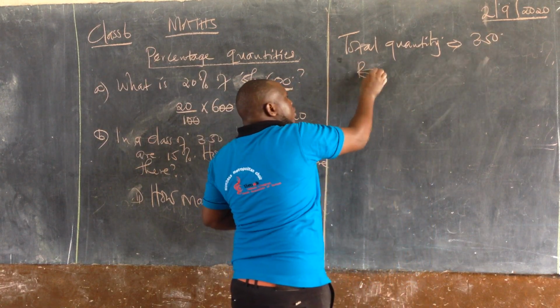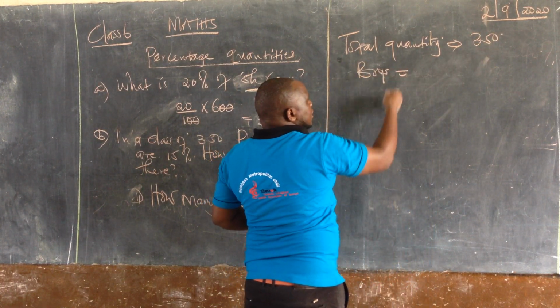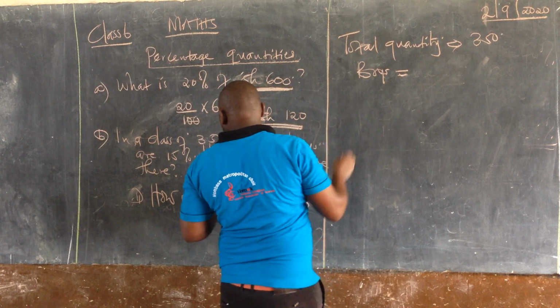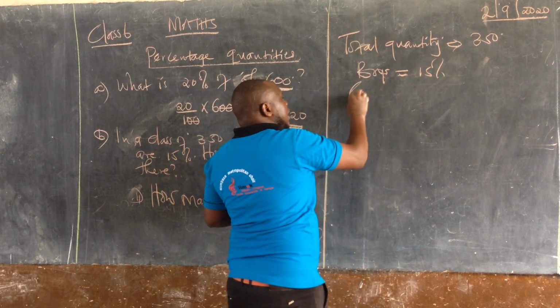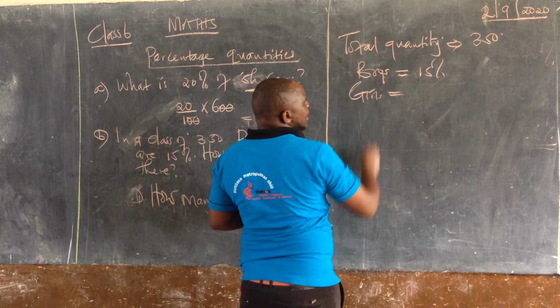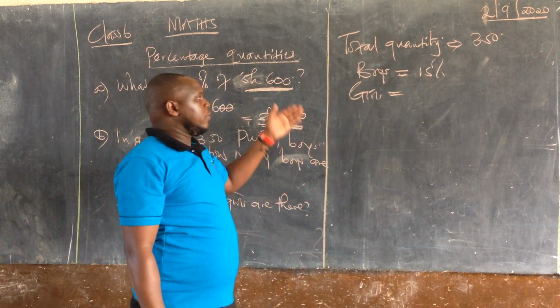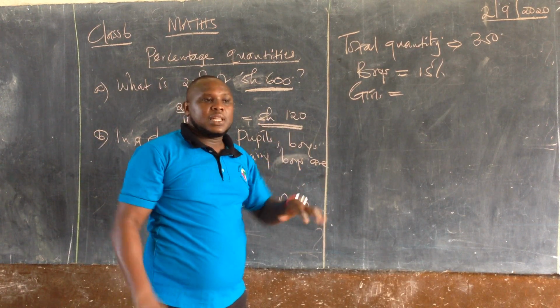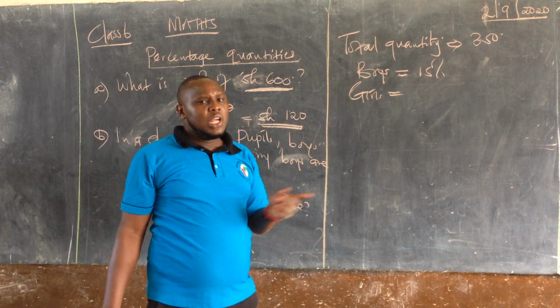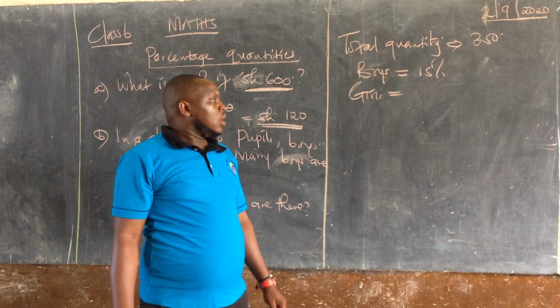So we have boys. Boys is what percentage? Boys are 15%. Then girls are not given. So if boys are 15%, and we are talking about the whole class being 100%, meaning that we can still get the quantity of girls.